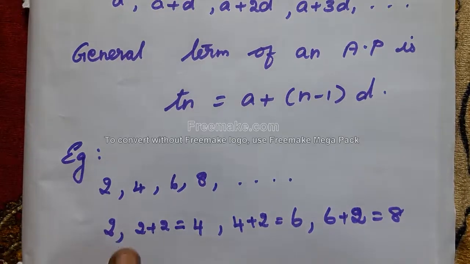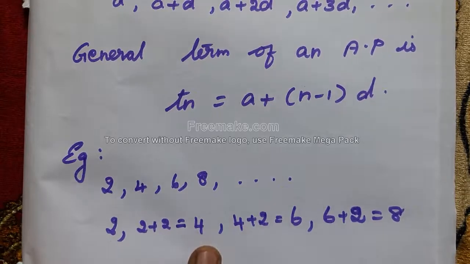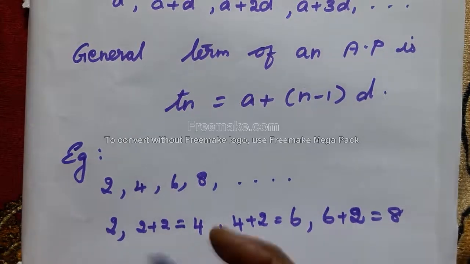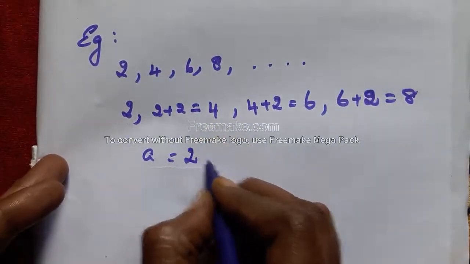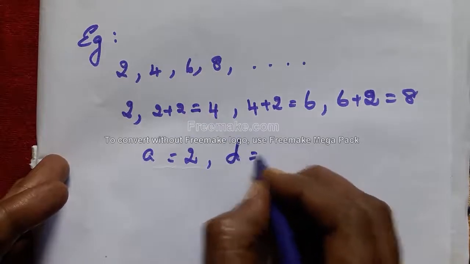Clear? Everywhere we are adding 2 to get the next term, so it is an arithmetic progression. Here the first term a is equal to 2, and the common difference d is equal to 2.